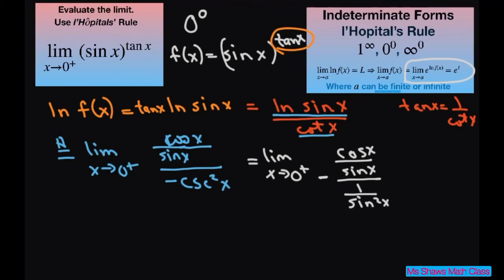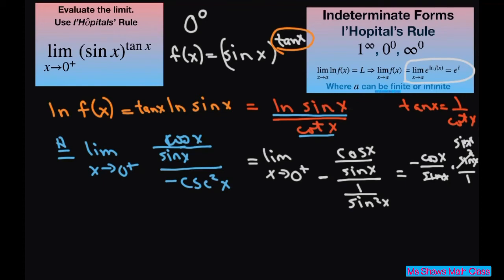Now, this is the same as writing it as negative cosine of x divided by sine of x times sine squared of x over 1. So sine goes into sine squared one time.